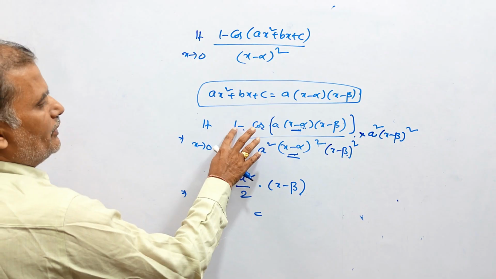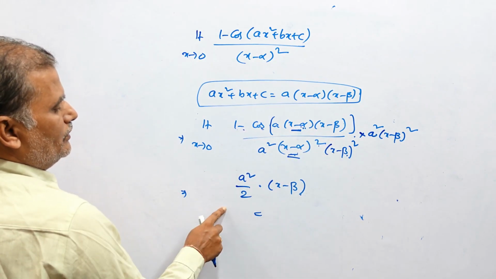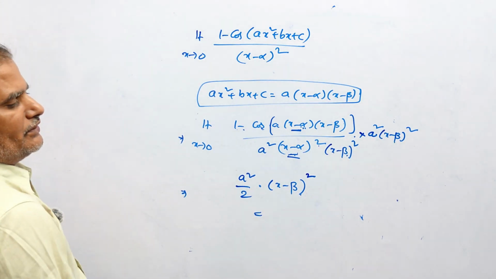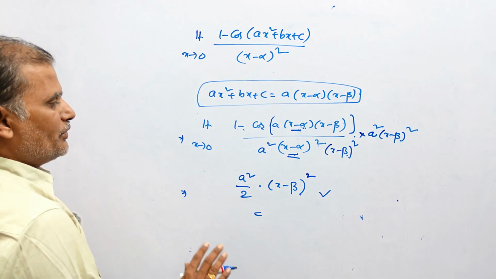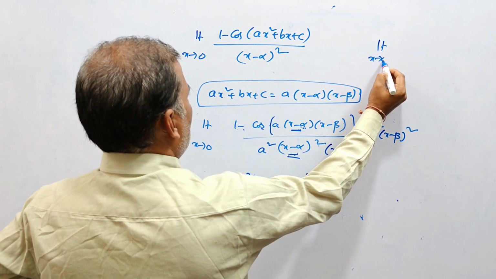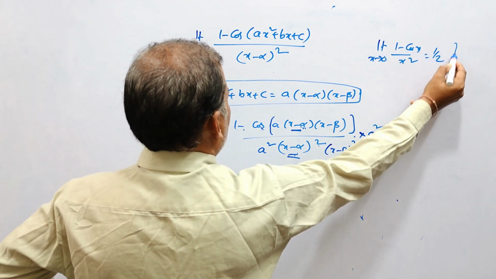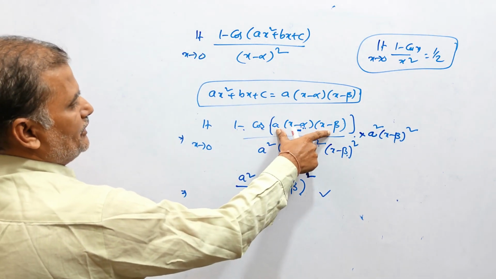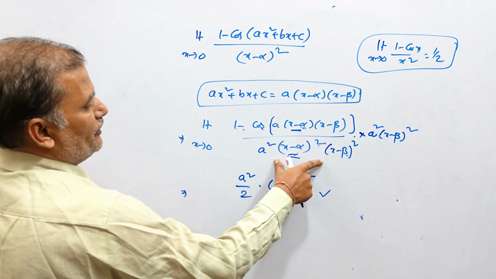Now our conclusion is 1 minus cos x by x square means 1 by 2. Here a square into (alpha minus beta) whole square. This is the answer, a square by 2 into (x minus beta) whole square. There is no confusion. We know that limit x tends to 0, 1 minus cos x by x square is equal to 1 by 2. By applying this, 1 minus cos of a into (x minus beta) into (x minus alpha), by x square.